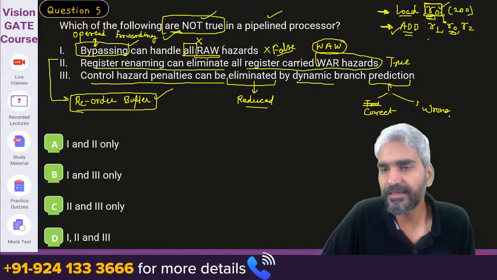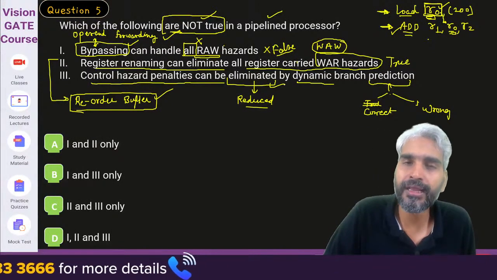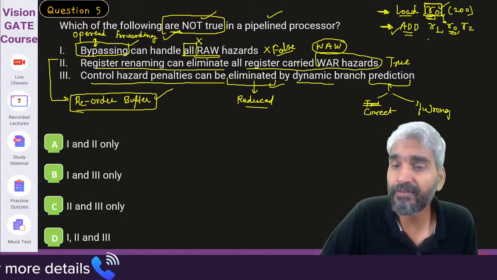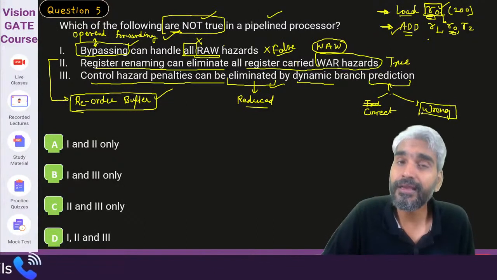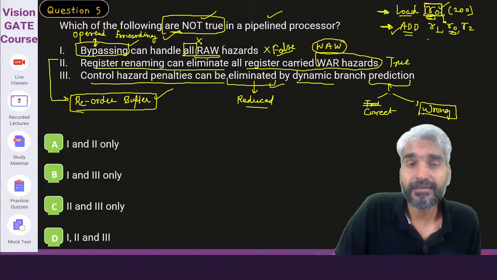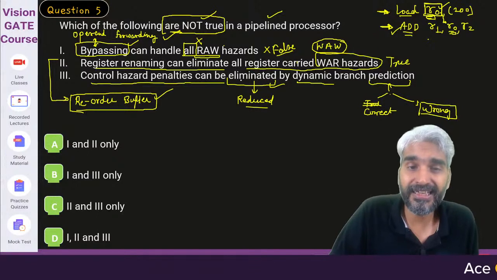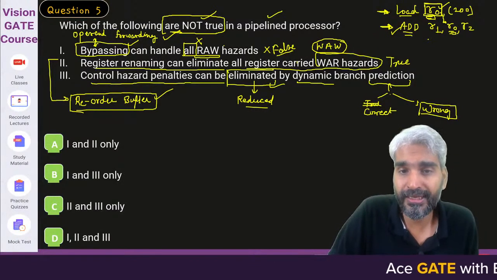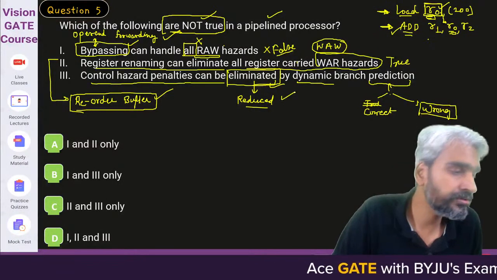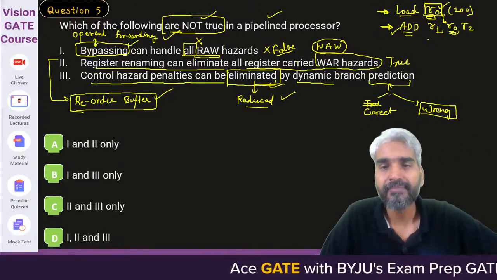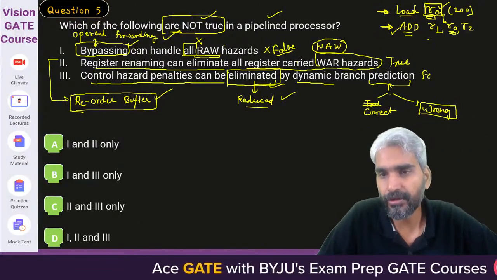If your prediction is correct, then you will be able to eliminate those stall cycles. But whenever your prediction is wrong, you will eventually encounter some of these stall cycles. So they cannot be eliminated completely. They can be reduced. So this statement is also false.